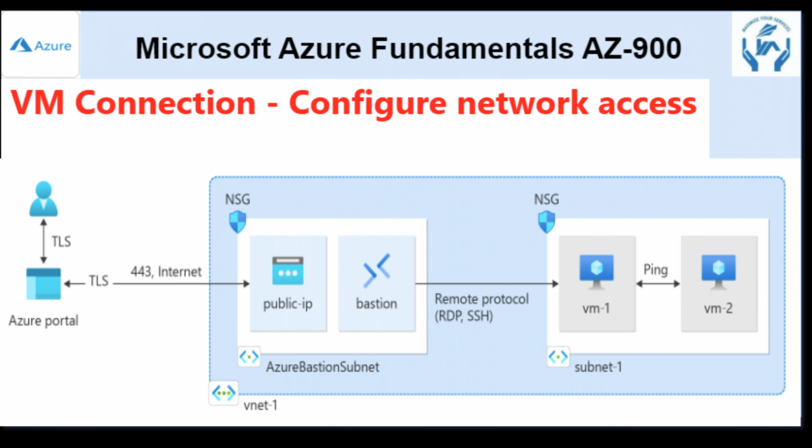We saw how we can allow rules and allow port 80 to be open, and then we executed the curl command with the IP of that virtual machine, and we saw the results.